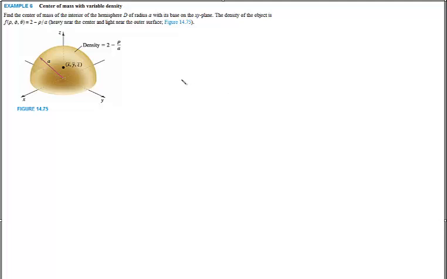Of course, our next one, we're going to have a variable density varying at this particular function. So first up, I'm going to need to find my mass. That's going to be a triple integral. They've given this to me in terms of spherical coordinates.